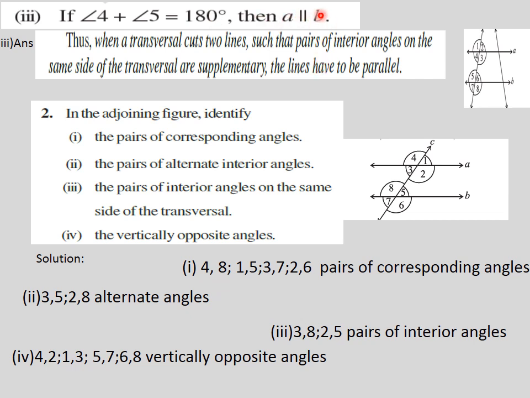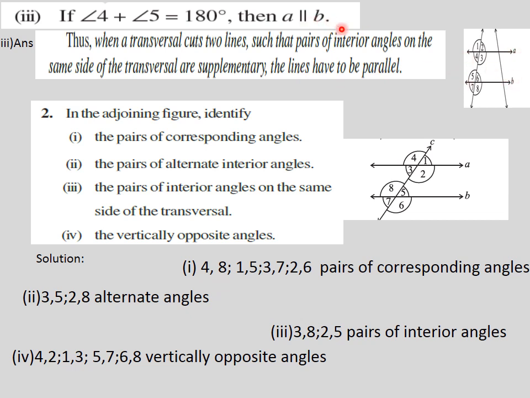So which property do you know about this? When a transversal cuts two lines such that pairs of interior angles 4 and 5 on the same side of the transversal, on the left side, are supplementary, meaning angle 4 plus angle 5 is equal to 180 degrees, then the lines have to be parallel.